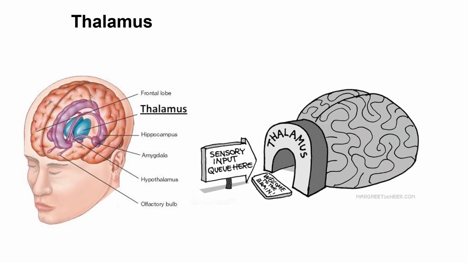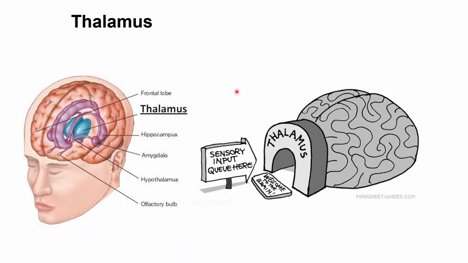Let us look at different forebrain structures one by one. The first one is the thalamus. And the thalamus again is shown in blue here. They are in the middle of the brain, near the midline. And these structures are known as the relay center in the brain because all of the sensory input that is coming into the brain from various sensory organs passes through the thalamus.